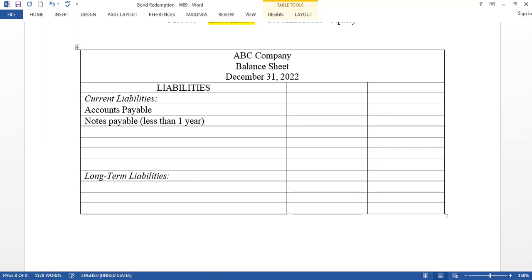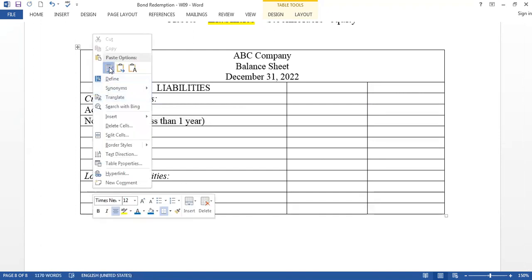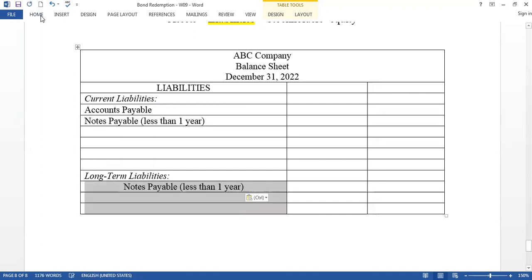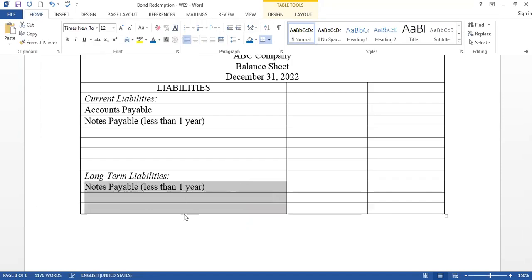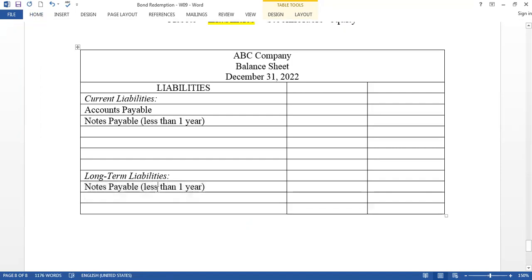Sometimes notes payable is a current liability, and sometimes notes payable is a long-term liability. Okay, it is more than 1 year. So notes payable, I repeat, sometimes current, sometimes long-term.